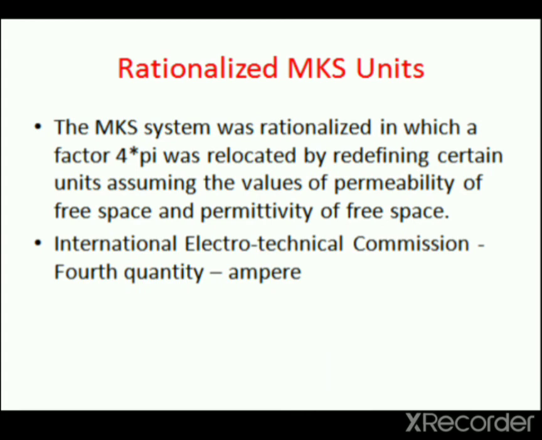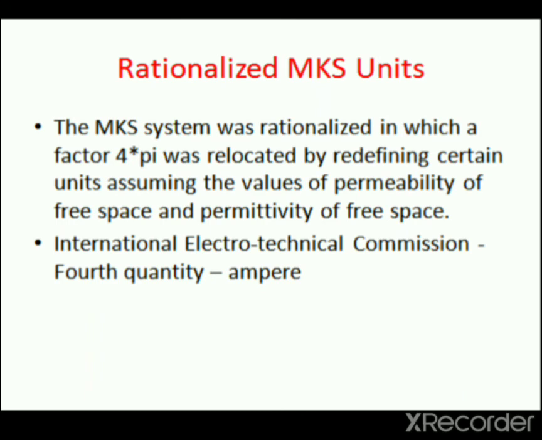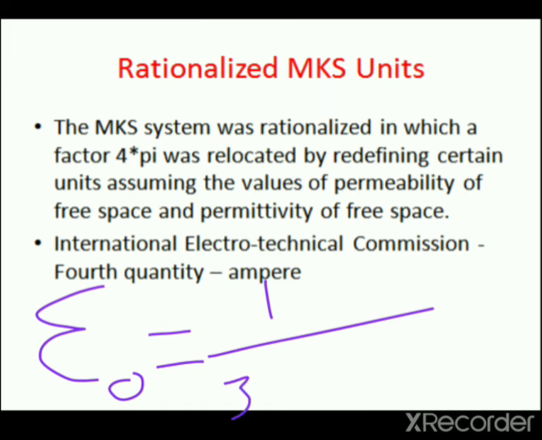Next is the rationalized MKS system. The MKS system was rationalized in which a factor of 4 pi was relocated by redefining certain units, assuming the value of permeability of free space as mu0 equals 4 pi into 10 raised to minus 7, and permittivity of free space as epsilon 0 equals 1 upon 36 pi into 10 raised to minus 9.